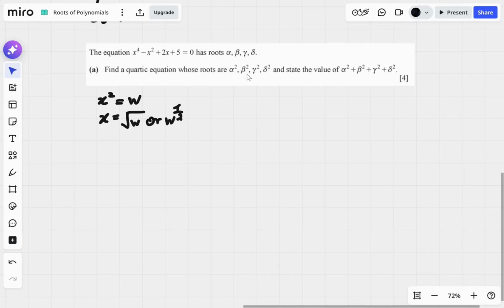Let me just fix that, it looks confusing. So this is the power 1 over 2. I'm going to be using this one because it is easier for me.